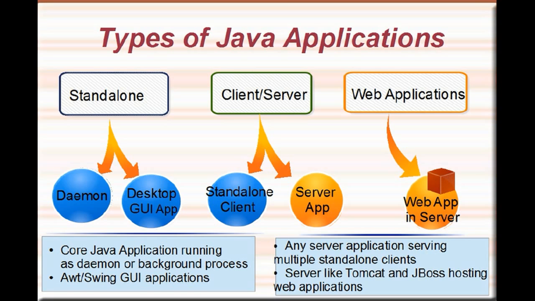Client-server applications are divided into two parts, meaning one client-server application has two types of applications. One is the client application, one is the server application. Client application again can be a standalone application, either a daemon application running in the background or a desktop application having a graphical user interface.